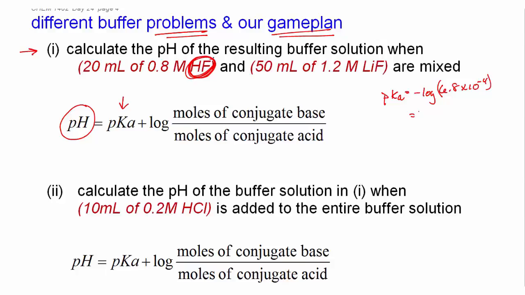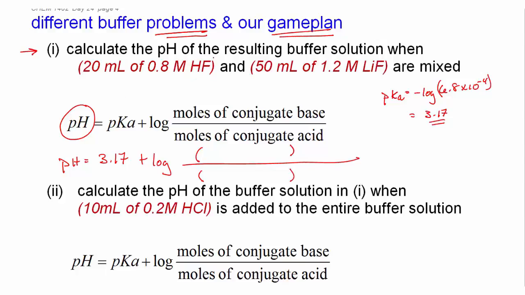It's about 3.17. Okay, so my pH is going to equal 3.17 plus the log. We have to find the moles of conjugate base, find the moles of the conjugate acid, and divide the two, and we'll have our answer.